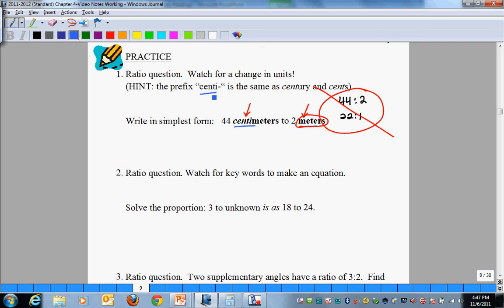And we know centi means 100, so for every 1 meter, that's going to be 100 centimeters. So if we have 44 centimeters to 2 meters, that's going to become 200 centimeters. Now I have the same units.